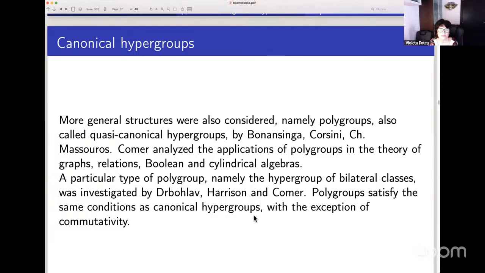They were studied at the beginning by Bonansinga, Corsini, Massouros, and I learned last day about our colleague Madeleine Al-Tahan also nowadays. Comer analyzed polygroups in connection with graphs, relations, Boolean and cylindrical algebras. And the particular polygroup, the polygroup of double cosets, was investigated by Dresher, Harrison, and Comer. They satisfy the same conditions as canonical hypergroups, with the exception of commutativity.